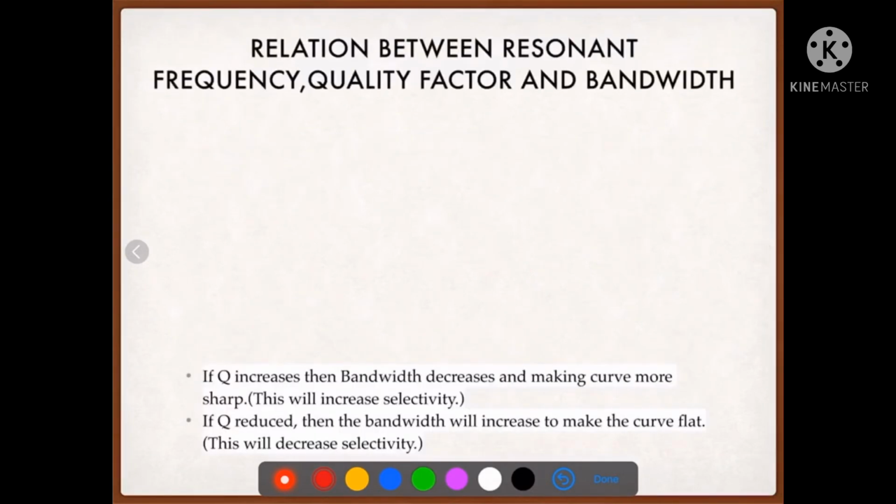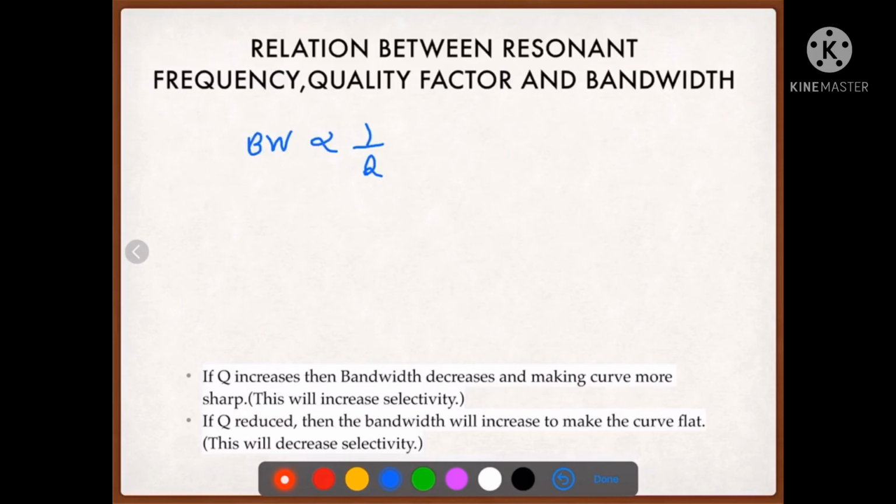Now we will come to the last topic of this video, that is the relation between the resonant frequency, quality factor and bandwidth. So we know bandwidth is the range of frequency. The bandwidth of a circuit is going to be inversely proportional to the quality factor of the circuit.